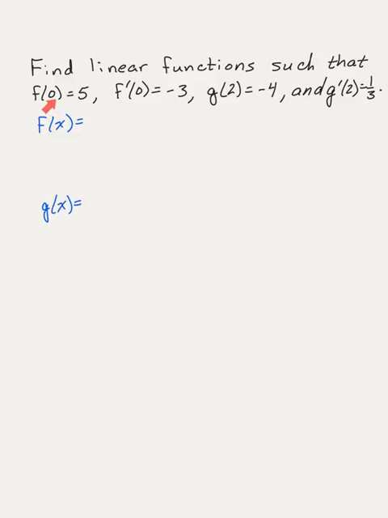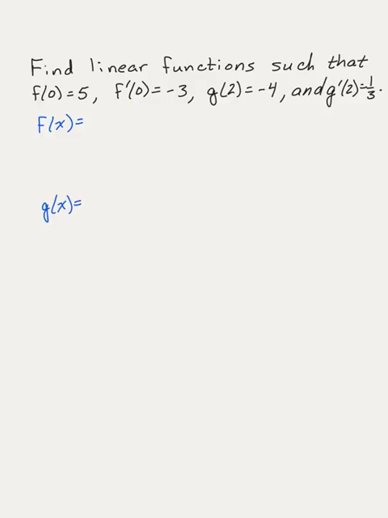Starting with the f function, we know that f of 0 is equal to 5, and we know that f prime of 0 is equal to negative 3. This is really our linear approximation, or finding the equation of a tangent line that we have done many times throughout the year.